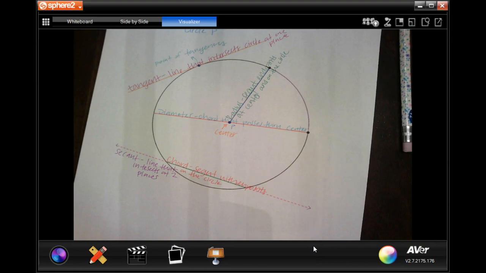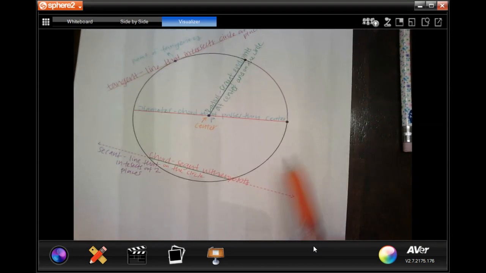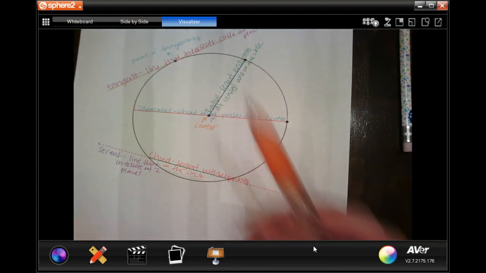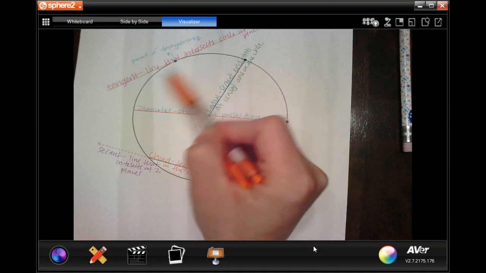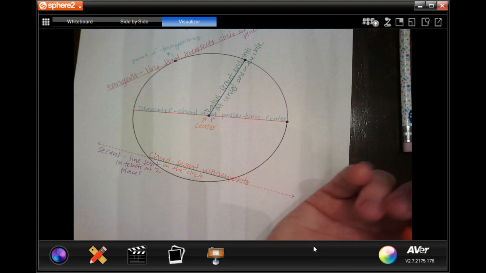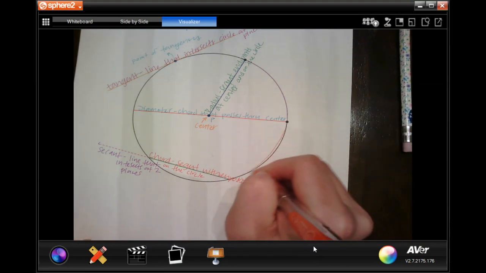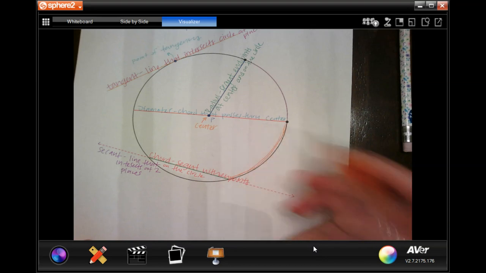All right, let's look at a couple more things. We have some arcs we can talk about. So any place on the circle, that's called an arc. And we've got places like this arc.